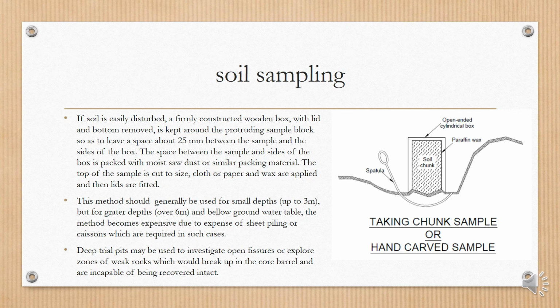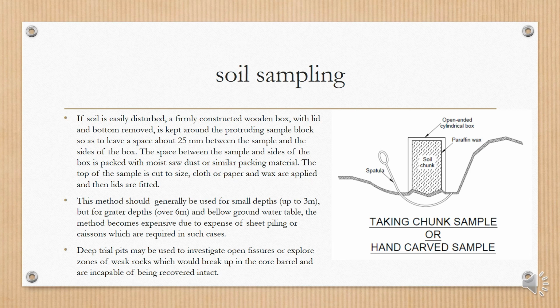This method should generally be used for small depths up to 3 meters, but for greater depths over 6 meters and below groundwater table, the method becomes expensive due to the expense of sheet piling or caissons which are required in such cases.